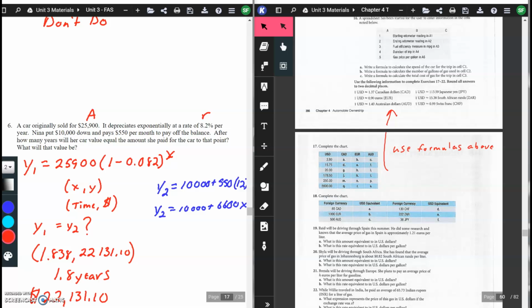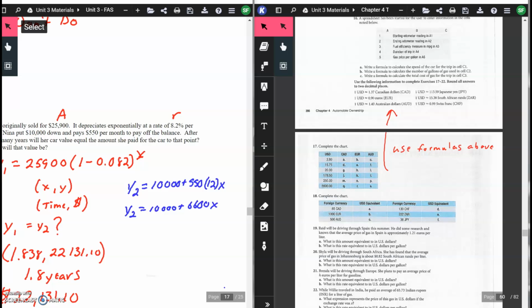So your first equation, y1, is your a value of 25,900 times 1 minus 0.082 for 8.2% to the x. Your second equation is going to be, she put $10,000 down. So your y2 equation is going to be $10,000 plus $550 per month times 12 months per year, so 12x, which gives you an equation of 10,000 plus 6,600x.